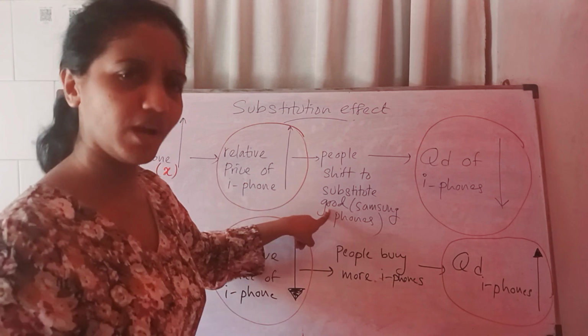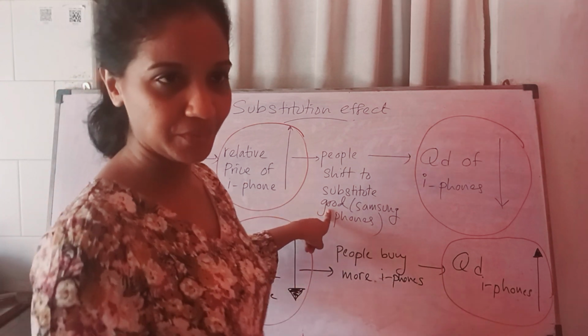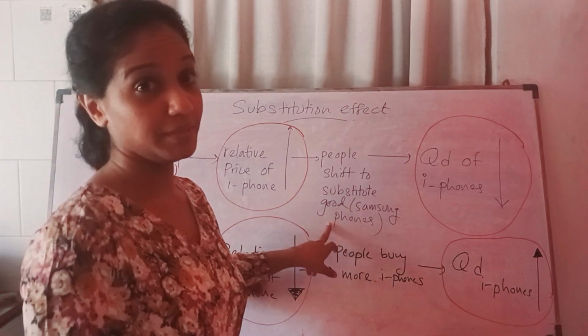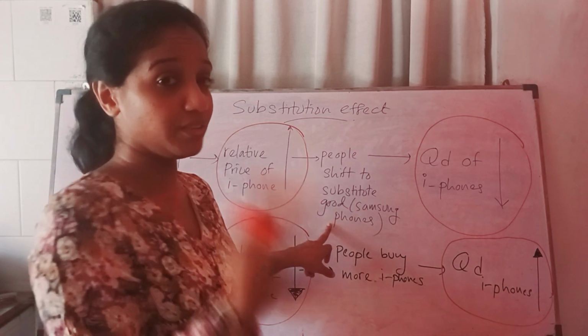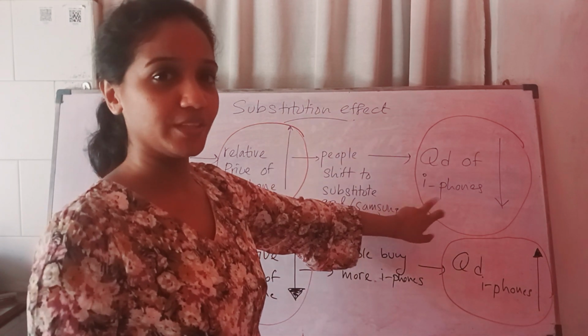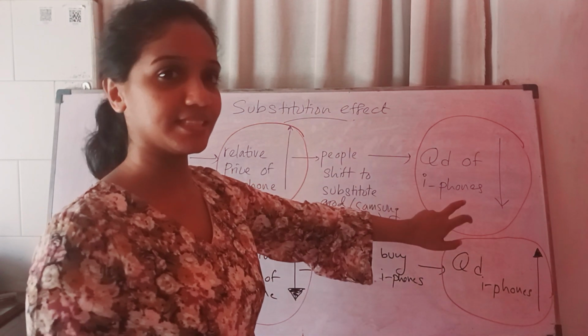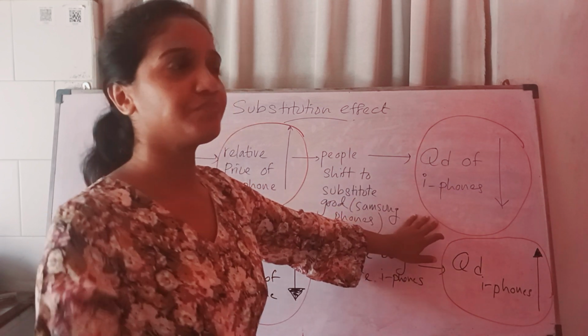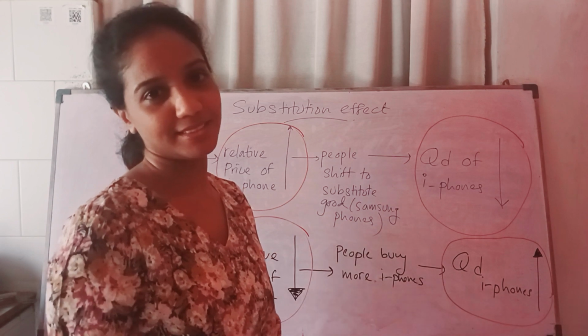We reduce the quantity demanded of iPhones and people shift to Samsung phones. Right? So people shift to the substitute good. Therefore, as a result, the quantity demanded of the concerned good, iPhones, reduces.